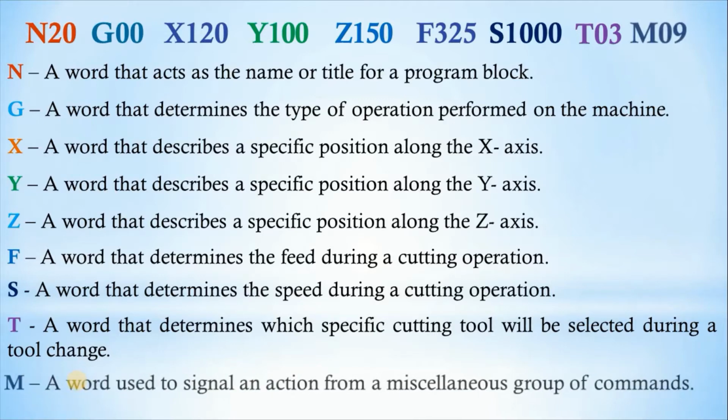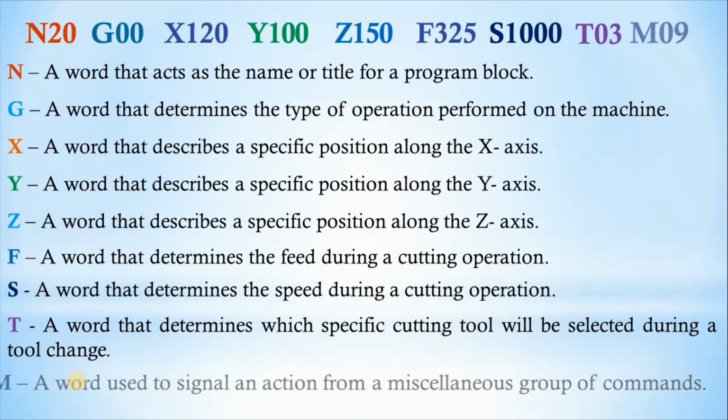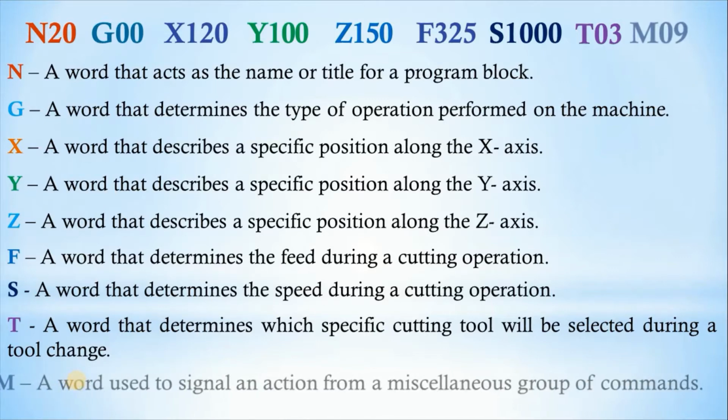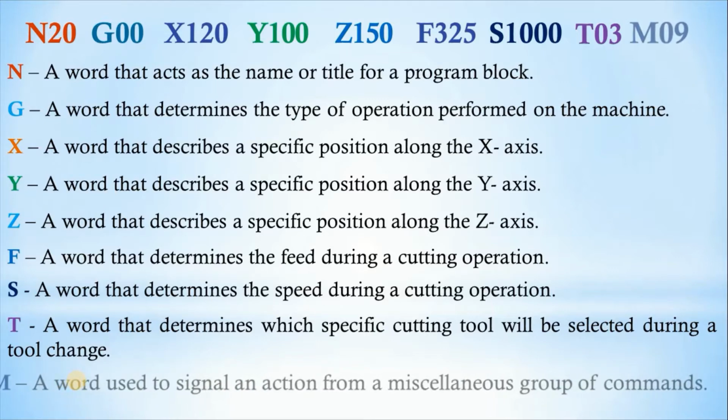As we know, whenever we are doing the operation, the G code gives the command to process the operation, the tool movement, and the M code is given for the machine command. So for operating the machine, the M code is given.